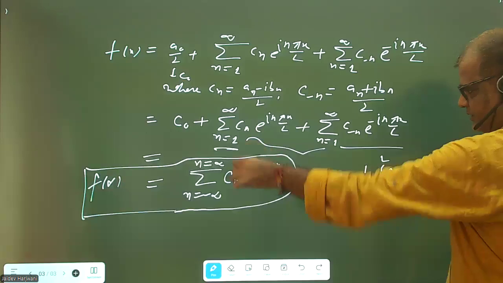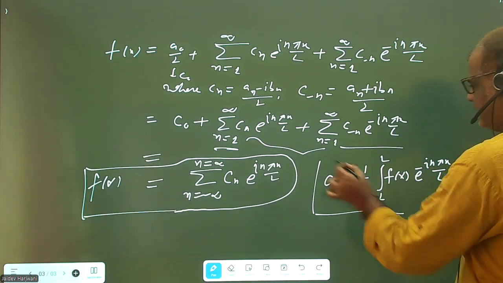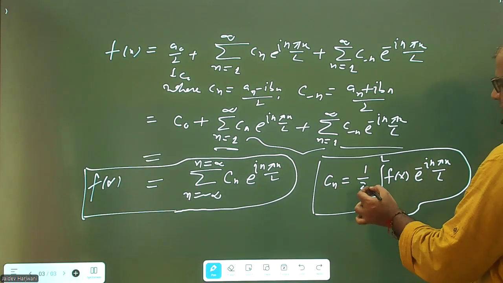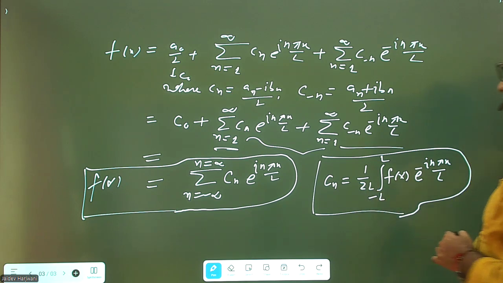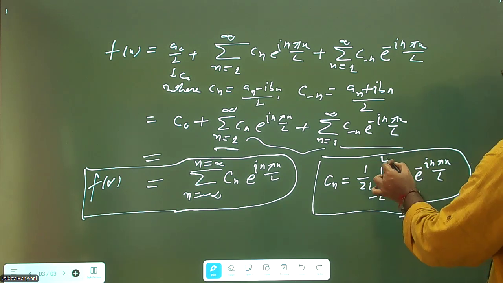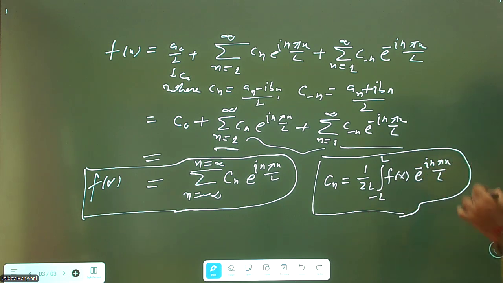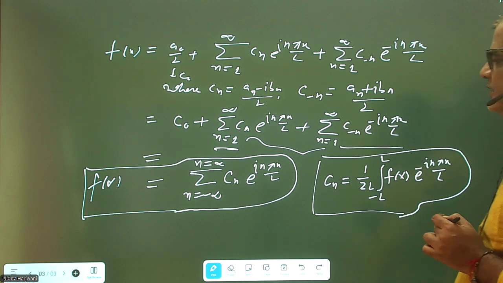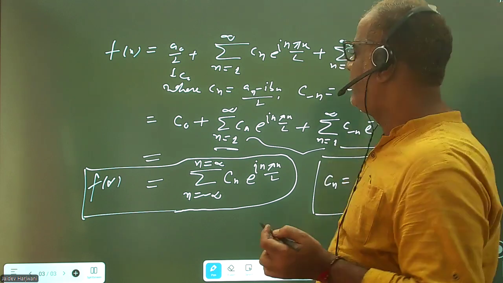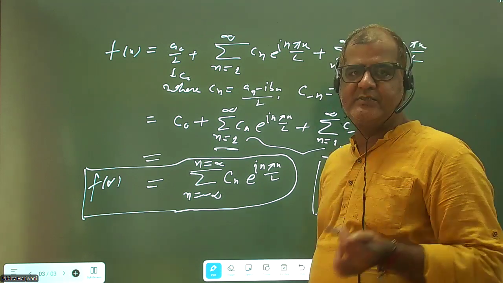If we solve this one, you'll get the formula for Cn: 1 upon 2L, integral from minus L to L, f(x) e to the power minus iota n pi x upon L. So this is my complex form of Fourier series.